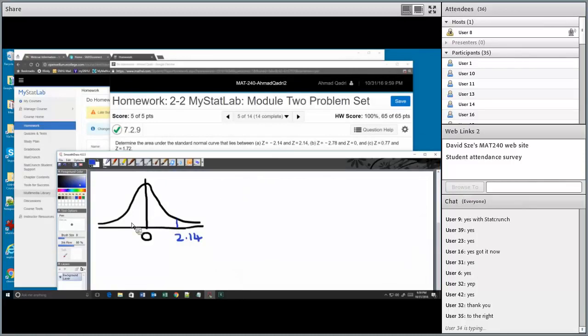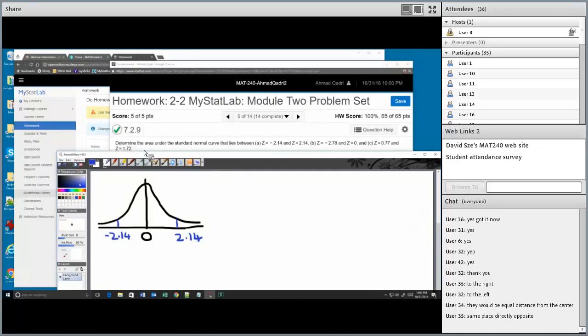Well, it's on the other side, exactly as far as this one, equal distance from the 0. Kathleen, excellent point. They're both equidistant from the center, but one is in the negative direction, the other is in the positive direction. So minus 2.14, 2.14. Excellent.